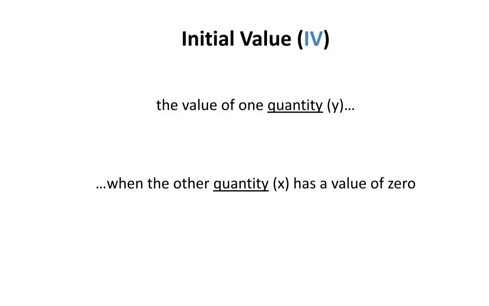What you just figured out, which was the number of blocks in Figure 0, is actually the initial value. The initial value is the value of one quantity. In this particular situation, it is the number of blocks when the other quantity has a value of 0.